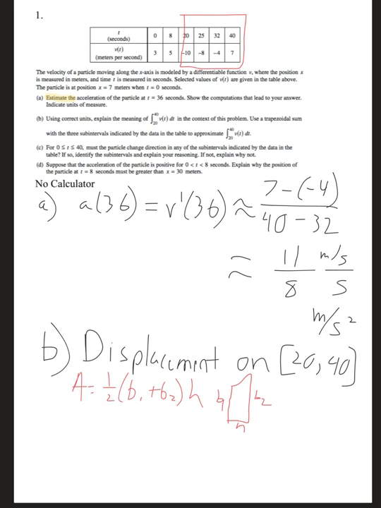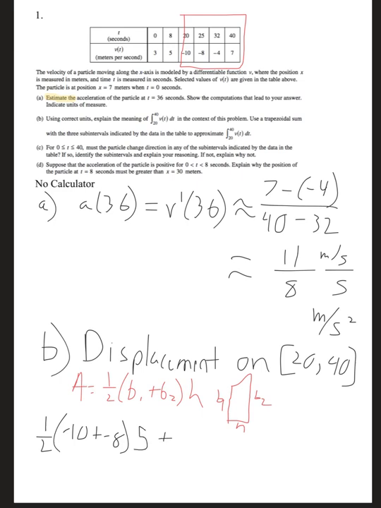So if I write all that out, I've got to do 3 of them. So my first one, let's write it out here, 1/2, b1 is negative 10, b2 is negative 8, and my height is from 20 to 25, which is a change of 5.